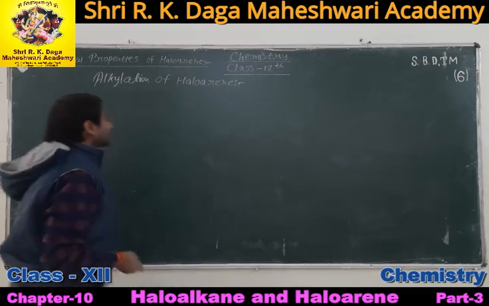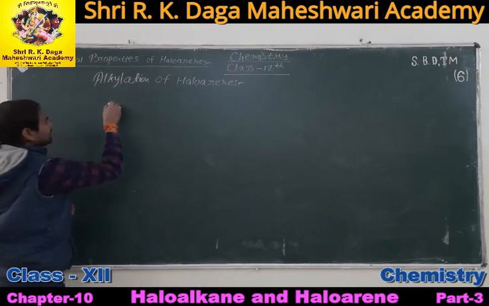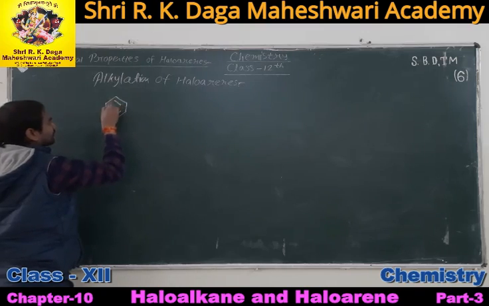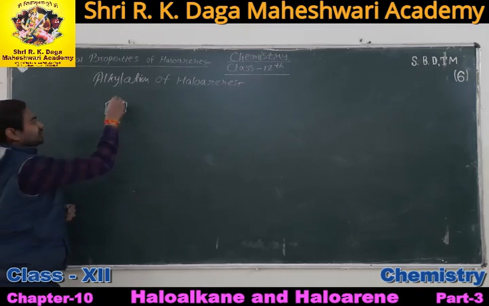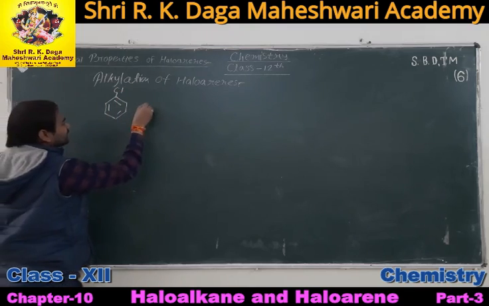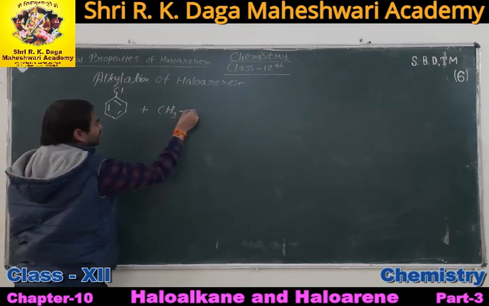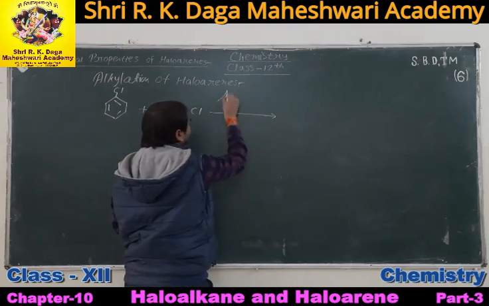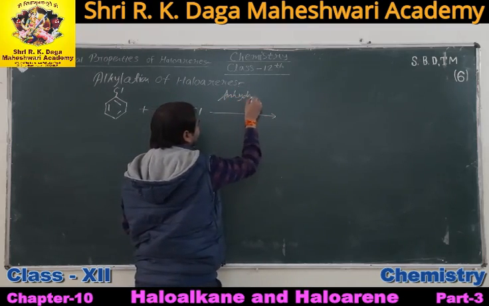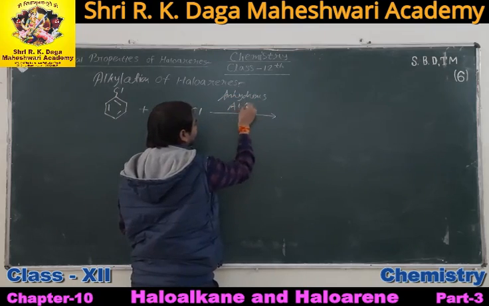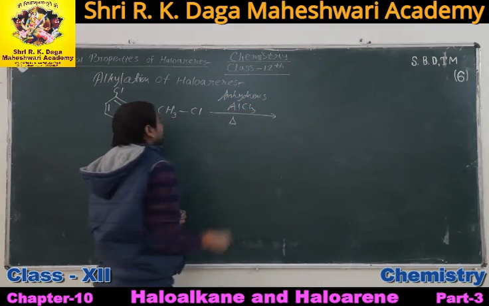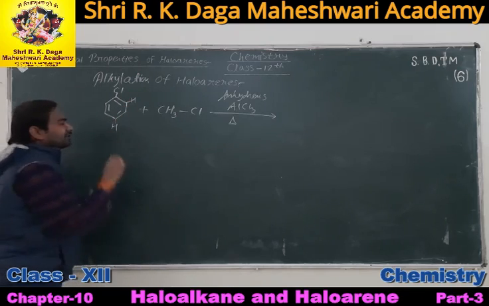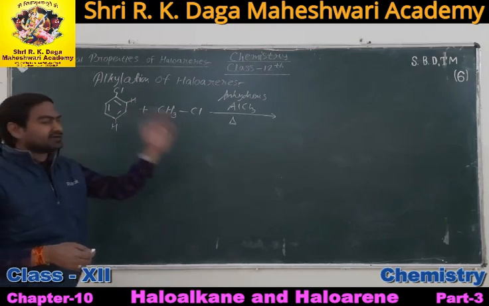Okay? So in the alkylation of the haloarene, you react it with RX in the presence of anhydrous AlCl3. On heating, obviously it will give us two different products. One will be minor, the second will be major.